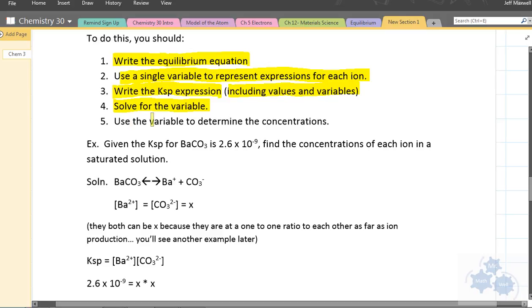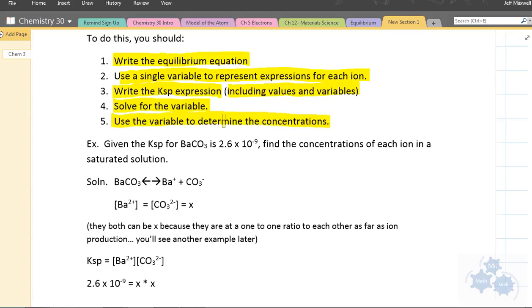And then use the variable to determine the concentrations. So this is very, very similar to the ice charts. After you filled in the ice chart, this is exactly what you had to do: write the equilibrium, fill your values in, solve for the variable, determine what that variable is actually representing, and give your answer. So it's very much the same as the ice charts.